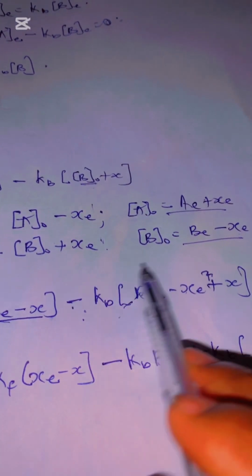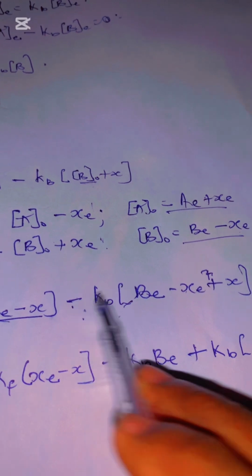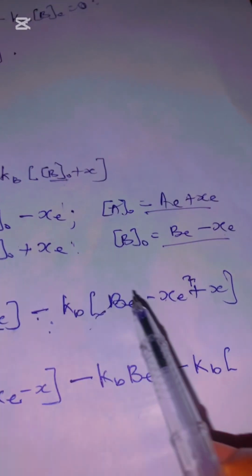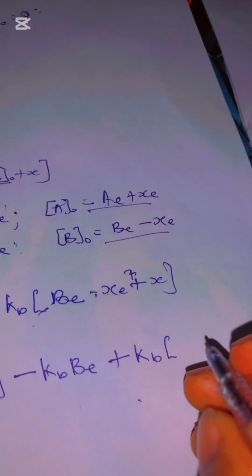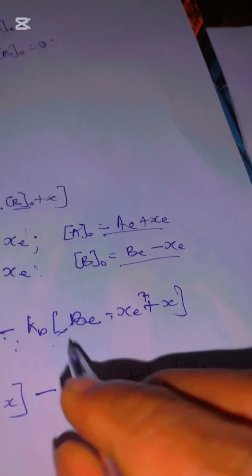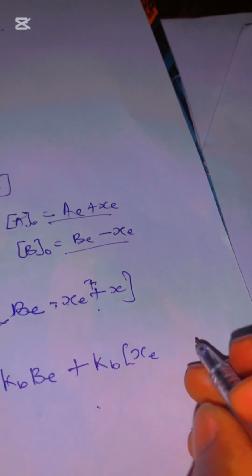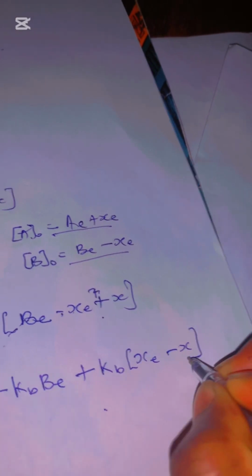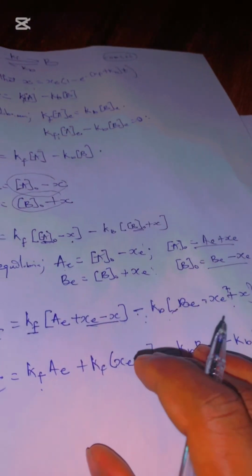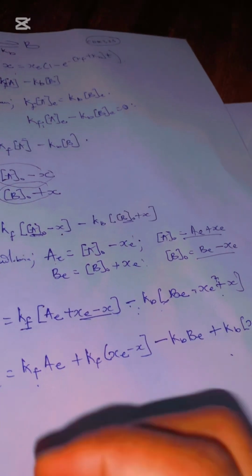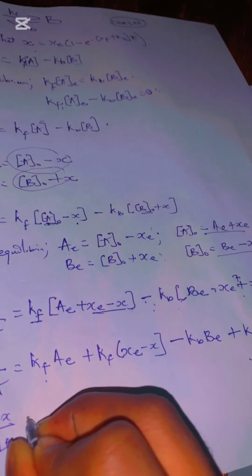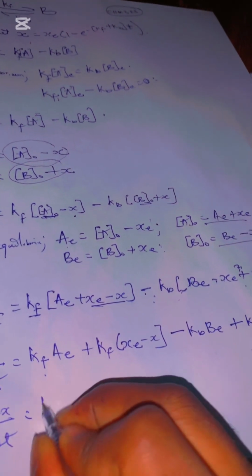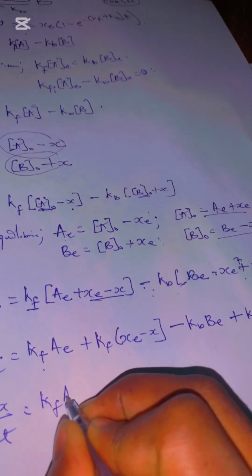I bring minus in, so this will turn to plus. So if I'm bringing minus in, minus times minus that I have here will give me a positive sign. I have xe minus times plus that I have here will give me a minus sign, that has x. Are we good? So now let's try to rearrange this. I'm going to have dx over dt to now be equal to kf ae.